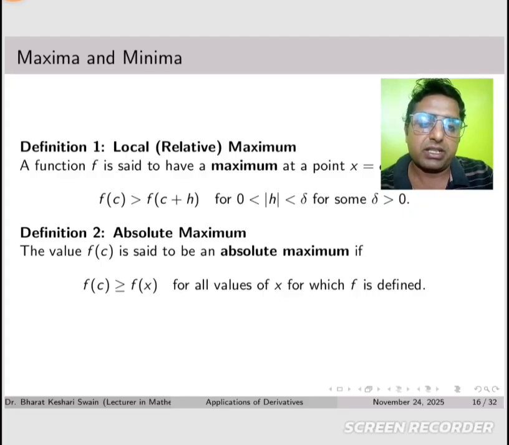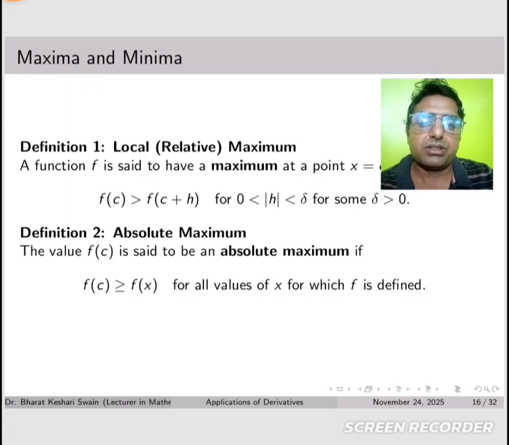Then we learned the definition of increasing and decreasing functions, and using the first derivative test: if f dash c is greater than 0, the function is increasing, and if f dash c is less than 0, the function is decreasing at that point.